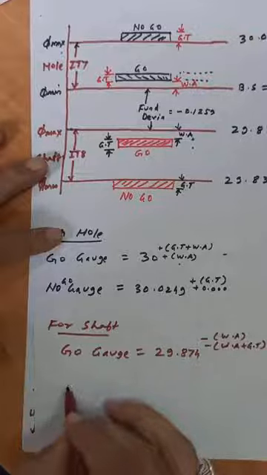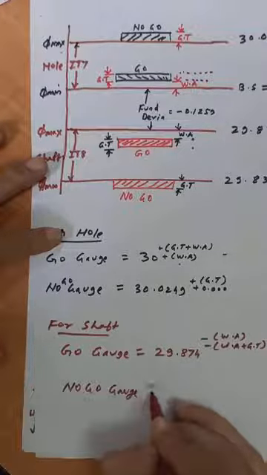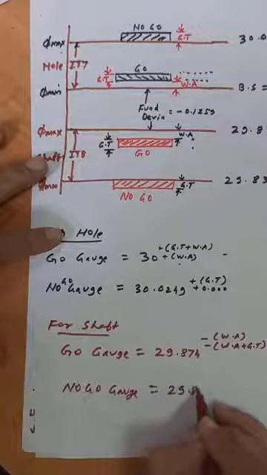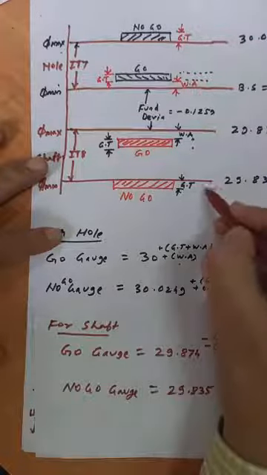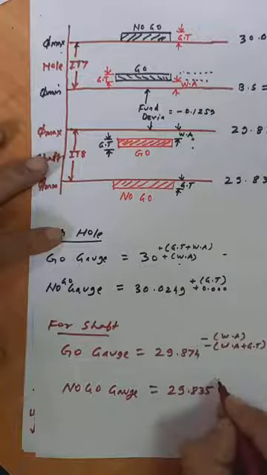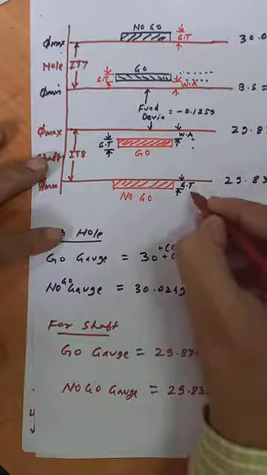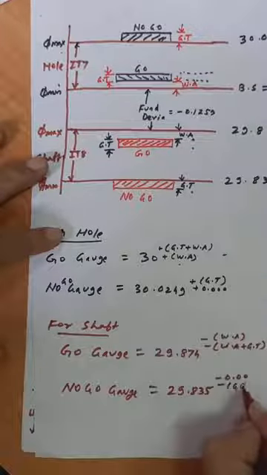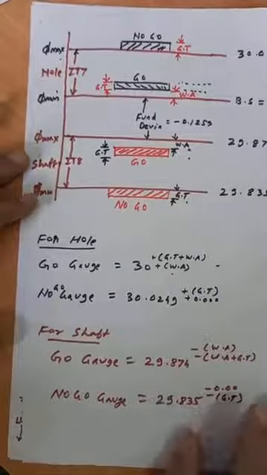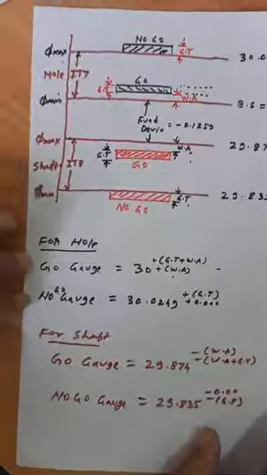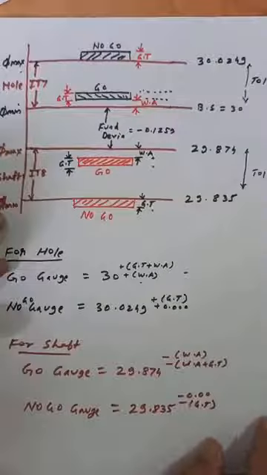Similarly for the no go gauge, the value is 29.835, and we have to add the gauge tolerance. So these are the values for the limit gauges designed for checking the hole and shaft, the go and no go values. Thank you.